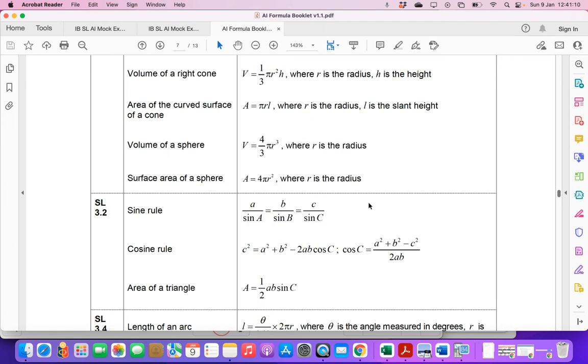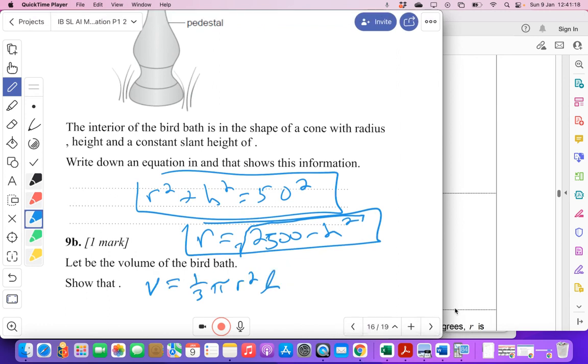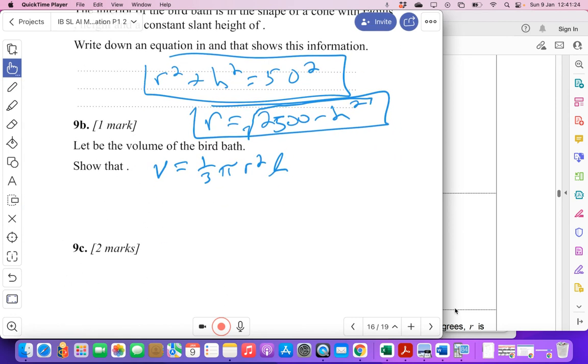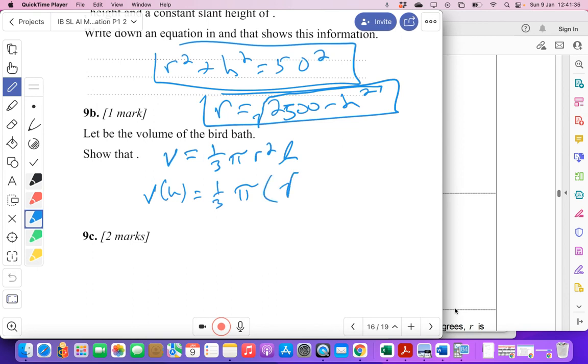I think I forgot to square root the r value. So just take that and do a little bit of substitution. V in terms of h only is going to be 1/3 pi, take that square root, square it, and multiply it times h. When we square a square root, we get what's underneath the root.